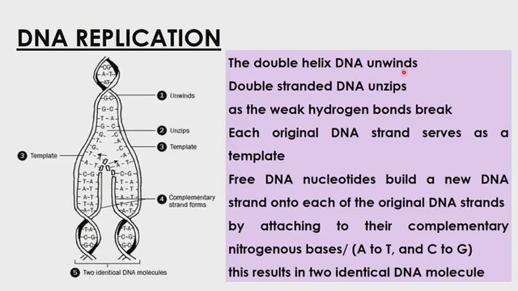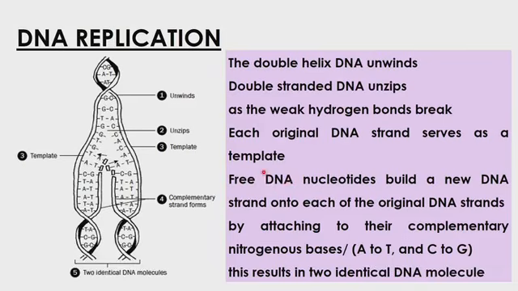It says the DNA double helix unwinds and the double-stranded DNA unzips. How does it do it? Through the weak hydrogen bonds breaking, and then each original DNA will serve as our template.